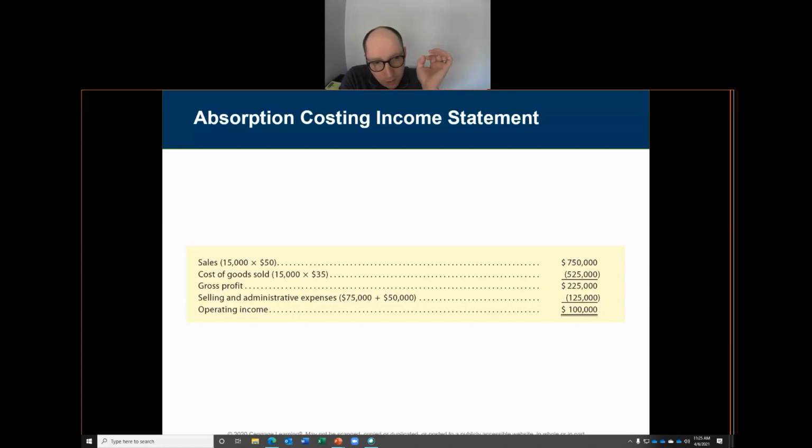Okay, $35 cost of goods sold per unit. That includes fixed and variable manufacturing costs. The selling and administrative expenses, we have fixed and variable selling and administrative expenses included. When they're included together, that means it's absorbed. We've absorbed the fixed and variable costs together.